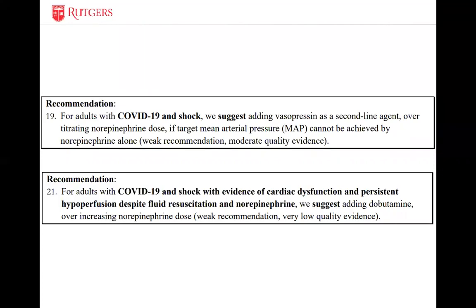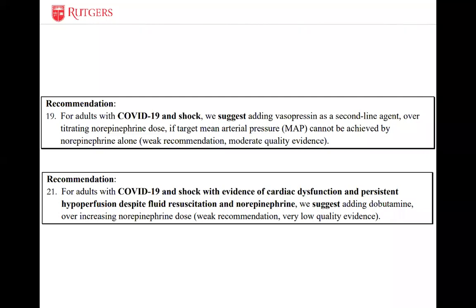In general, once your Levophed requirements start going above 5, and especially if they start going above 10, the incidence of atrial fibrillation increases drastically. So the idea is to put vasopressin on earlier to try to decrease the incidence of atrial fibrillation.